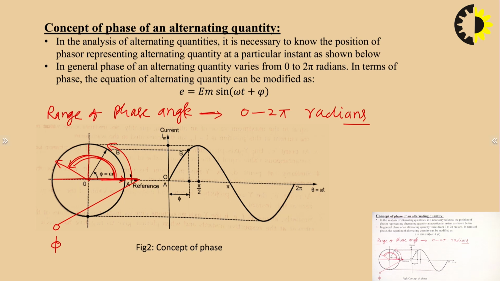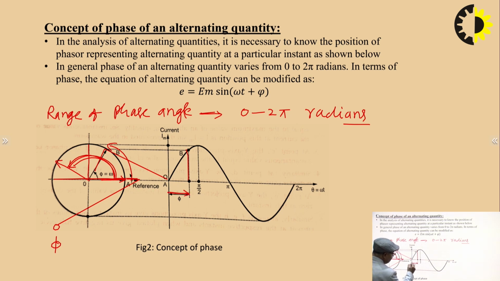When the phasor is here, the phase angle is 0. When our phasor, while rotating, comes here, the phasor represents this point. When we drop a perpendicular on the x-axis or reference axis, we will get this angle.